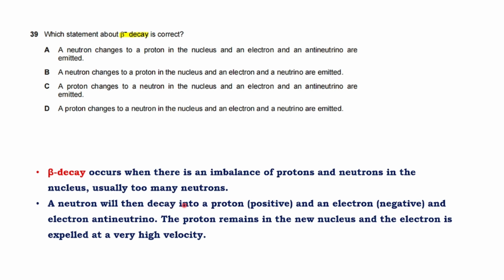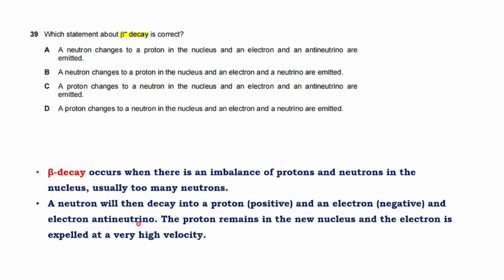A neutron will then decay into a proton, which is positive, and an electron, which is negative, and an electron antineutrino. The proton remains in the new nucleus and the electron is expelled at a very high velocity. Since it has some energy, we need another particle to conserve the energy. That's why we have an electron antineutrino in this beta decay.